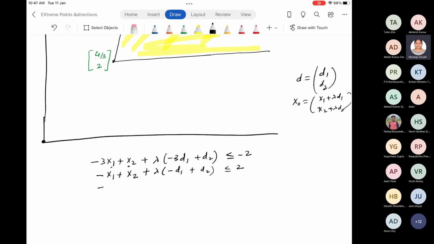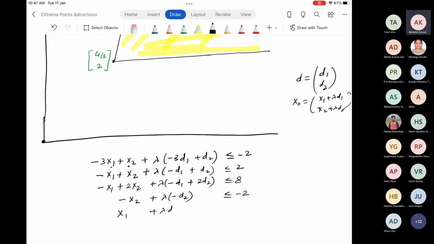Minus x1 plus 2x2 plus lambda into minus d1 plus 2d2 is less than equal to 8. What is the next equation? Minus x2 plus lambda into minus d2, less than equal to minus 2. And the last ones are the non-negativity constraints: x1 plus lambda d1 and x2 plus lambda d2.